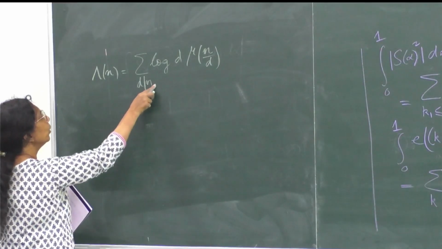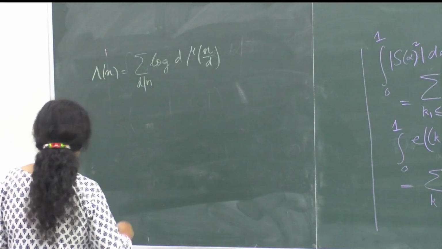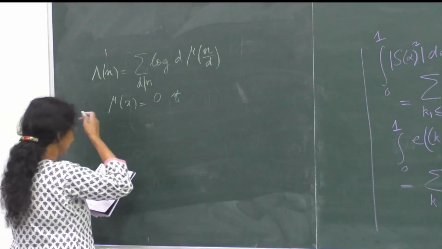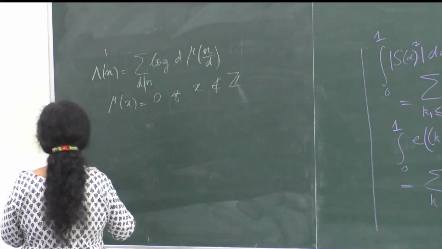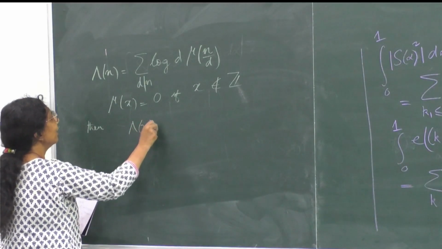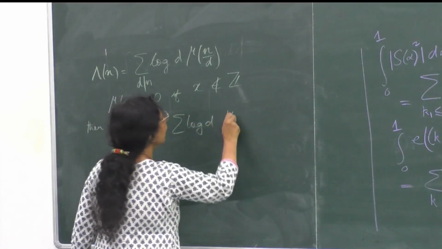So mu, the Mobius function mu, is defined on integers, but I will have to work now on x. So I'll say that if x is a non-integer, then mu of x is 0. So mu of x is 0 if x is outside Z. In that case, lambda n can be written as the sum of log d mu n by d.